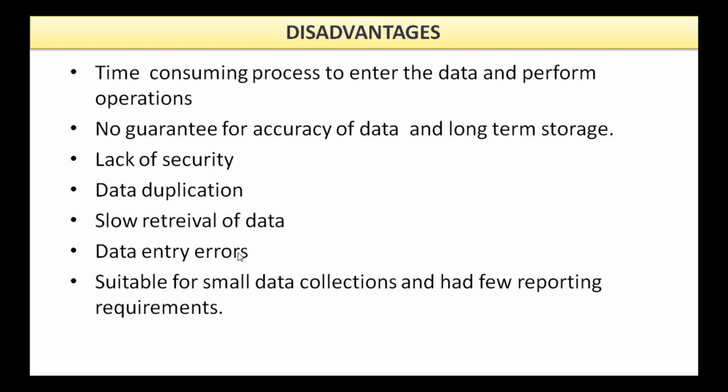It's a time consuming process. And to perform any operations or manipulations manually, it's time taken. That's why the main important disadvantage in the manual file system was the time consuming process to enter the data and perform operations.